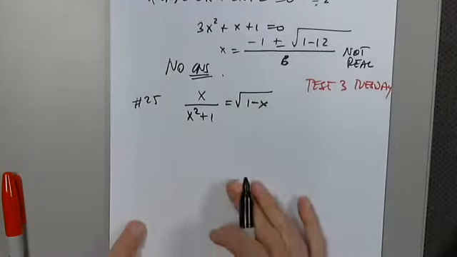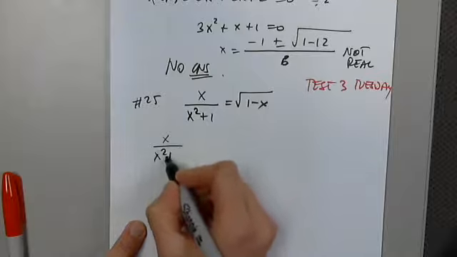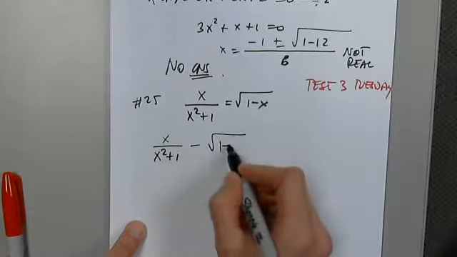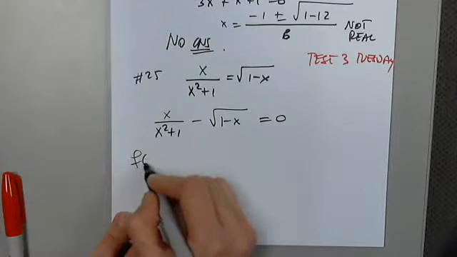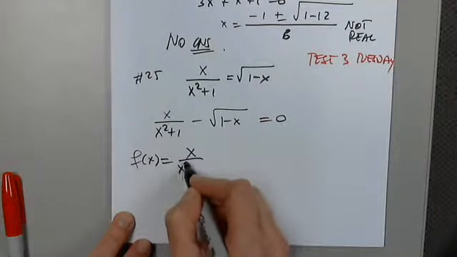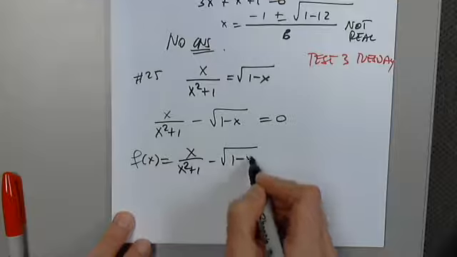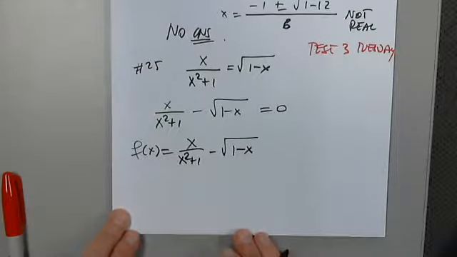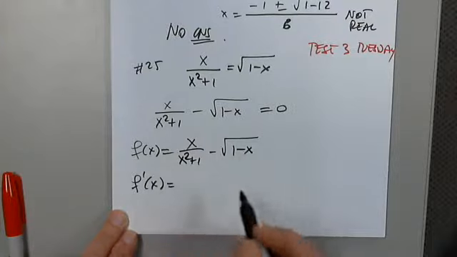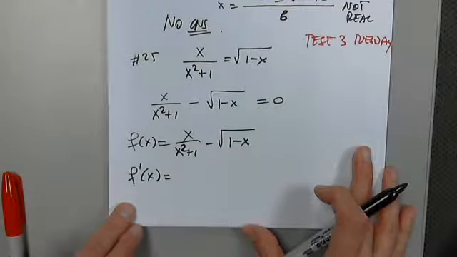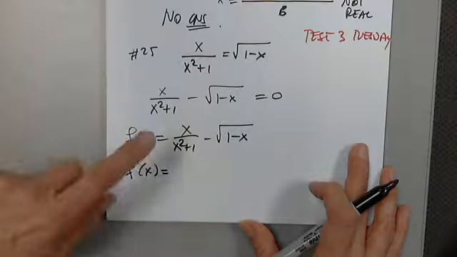So x over x squared plus 1 minus the square root of 1 minus x is 0. This is the function we are working with. We have to find its derivative. Ugly, but don't try to simplify, there is no need.